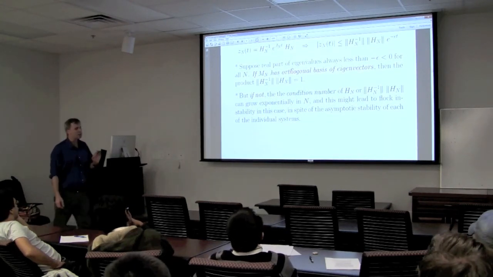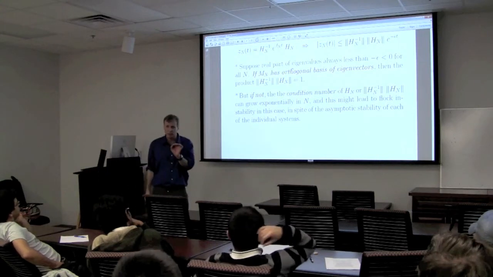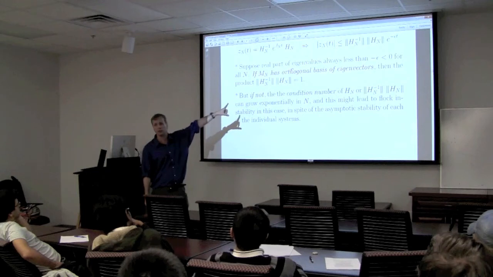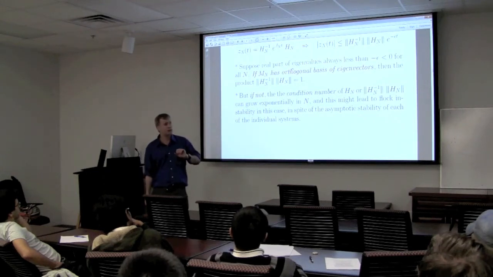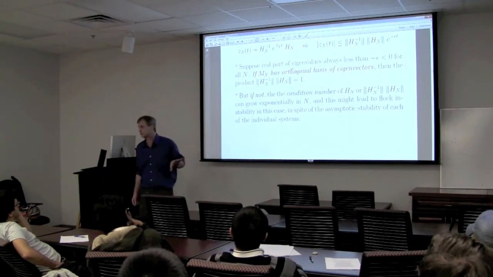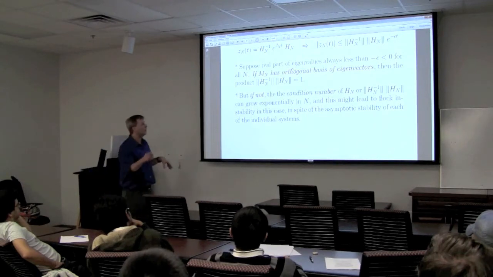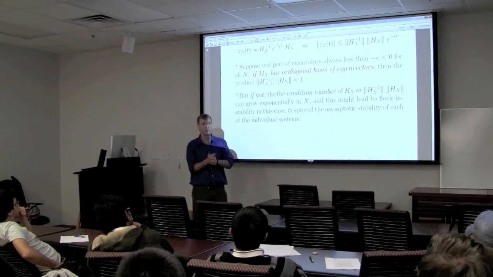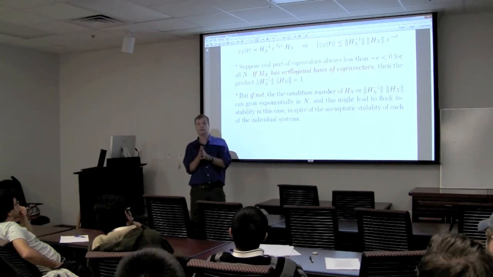So that's what leads to, even though the system is stable, it may still be flock unstable if that thing grows exponentially. So that's what our definition of flock stability is based upon. First of all, I'm going to answer your question about asymptotic stability. We call a system asymptotically stable if all eigenvalues have real part negative.